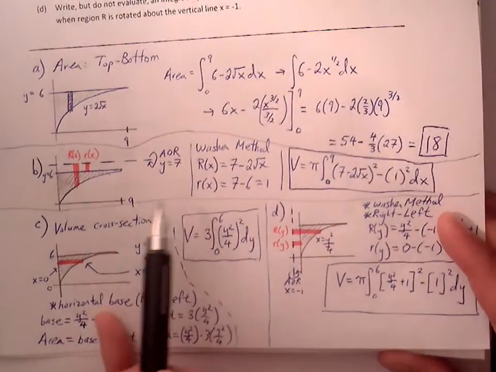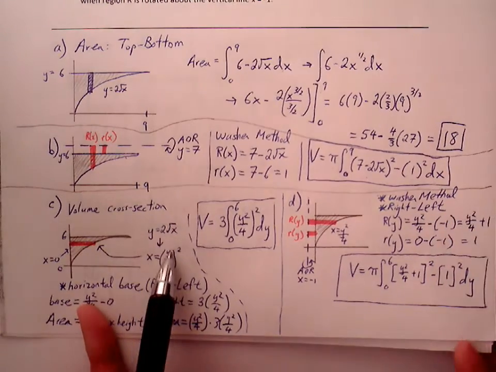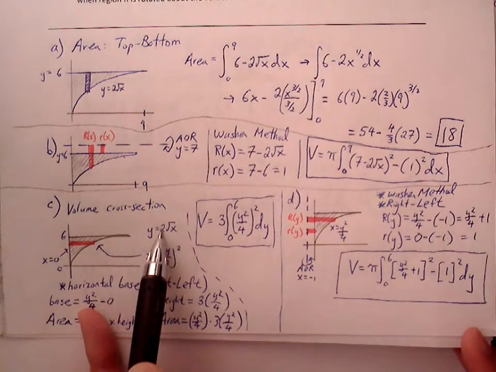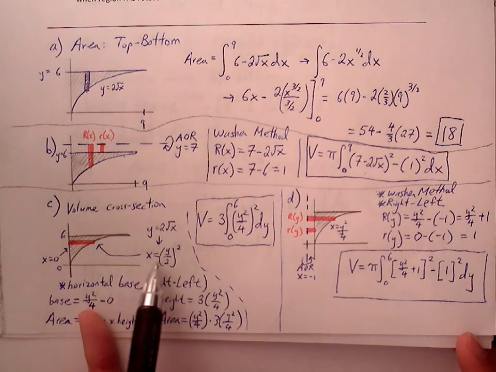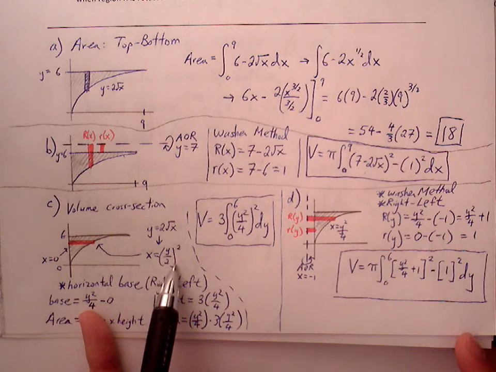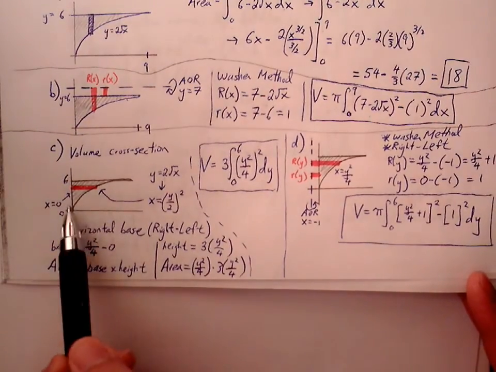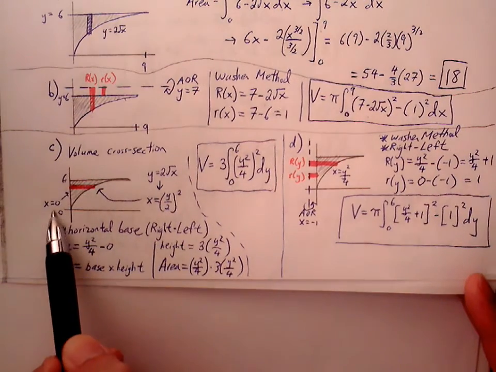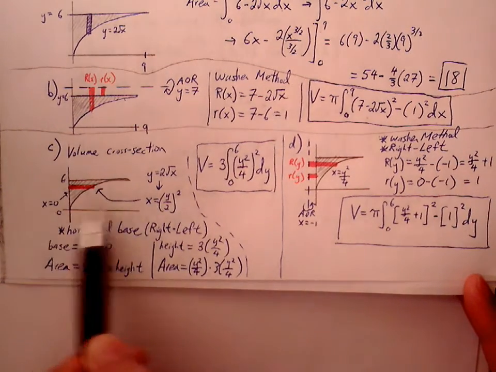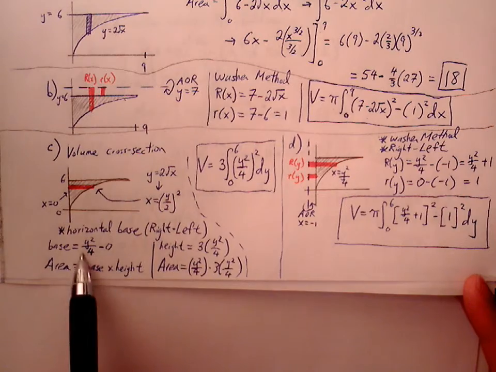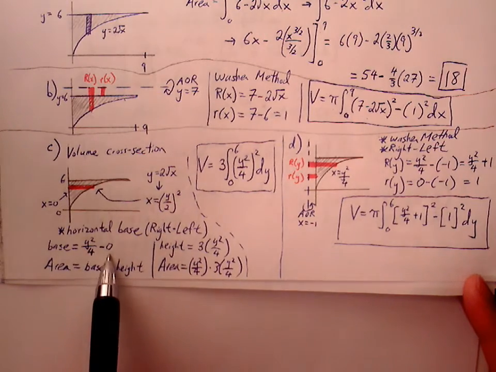So for 2 root x equals y, I need to solve for x. Divide by 2, square both sides, and I get x equals y over 2 quantity squared, which is really y squared over 4. The left is the y-axis, which has an equation of x equals 0. So we have y squared over 4 minus 0. That is the length of our base.